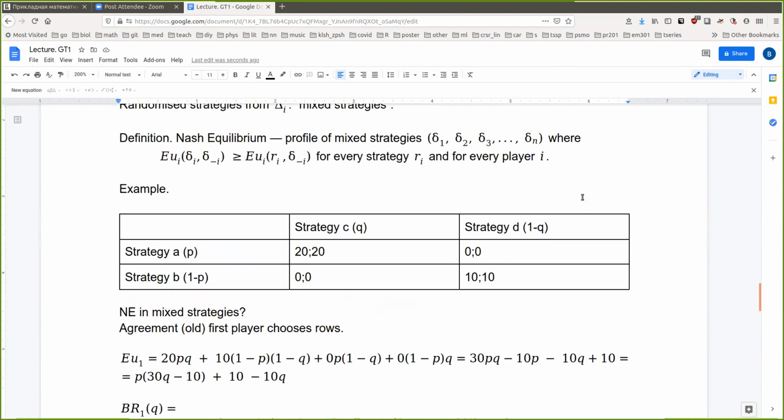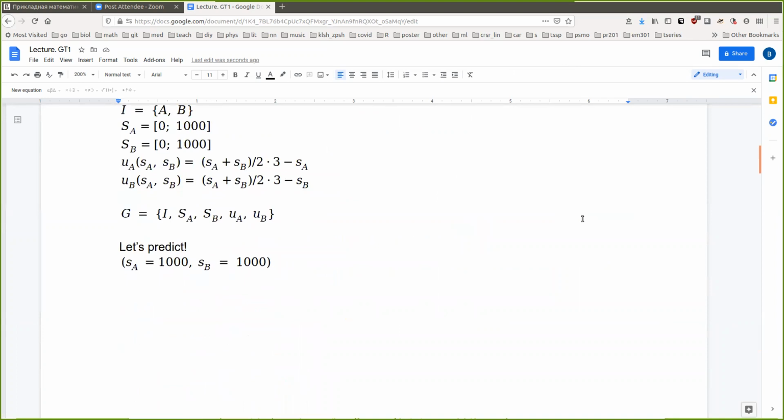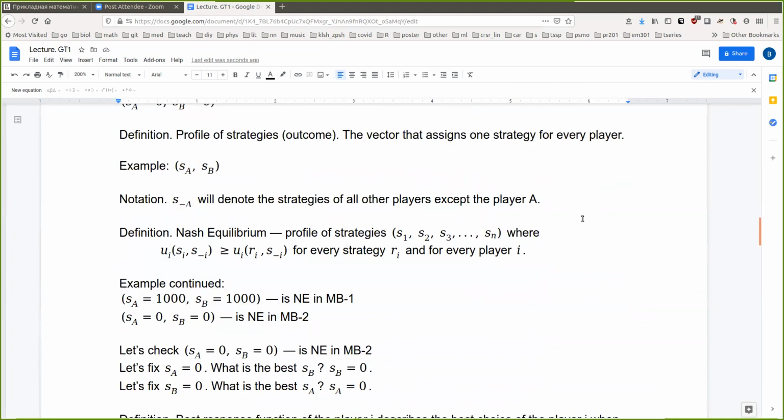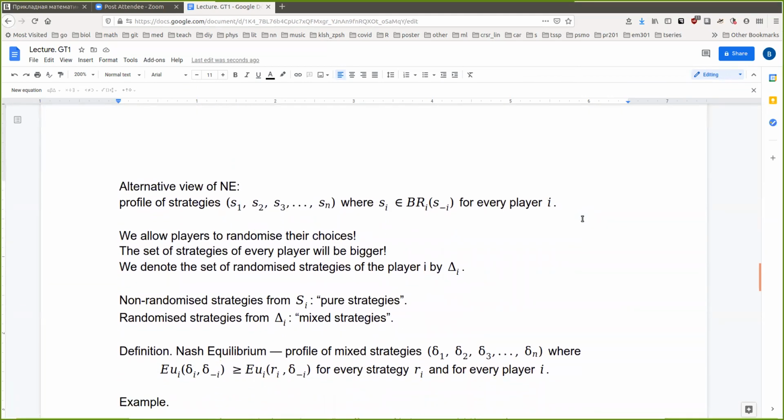So what we have defined today: we have defined a simultaneous game. We have defined best response, profile of strategies, Nash equilibrium. Then we have defined a randomized version of a game, when we randomize over pure strategies. In this case, the set of strategies is bigger, but the definition of Nash equilibrium is exactly the same.